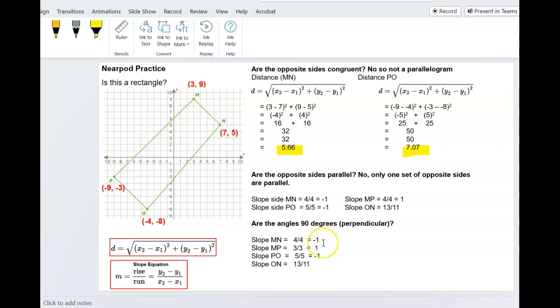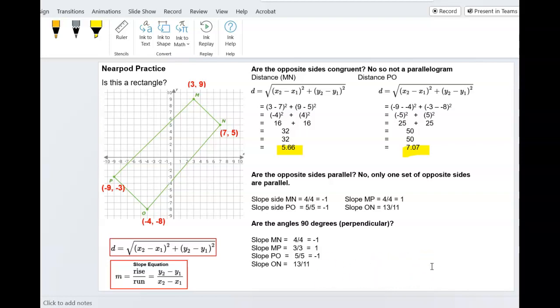And if you look, it is, because those slopes are negative reciprocals of each other. I checked PO, so again, that worked. So far we had 3 right angles, but then that last slope on that last slide was not a negative reciprocal of the others, and therefore, again, not a rectangle. So that's an example of all of the things that you would have to check.